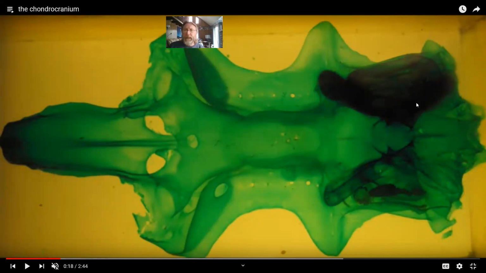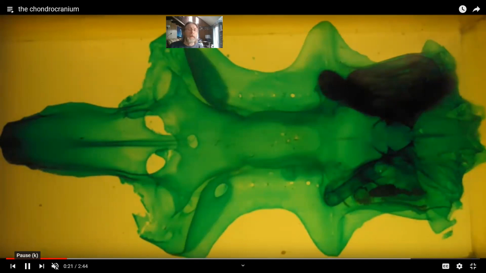So it has an otic capsule region which surrounds the ear. Here you can see processes which surround and protect the eye, and there's a pedicel which actually supports the eyeball. You can see it forms a rostrum which surrounds a nasal capsule, protecting the nose. And then also it completely encases the brain.